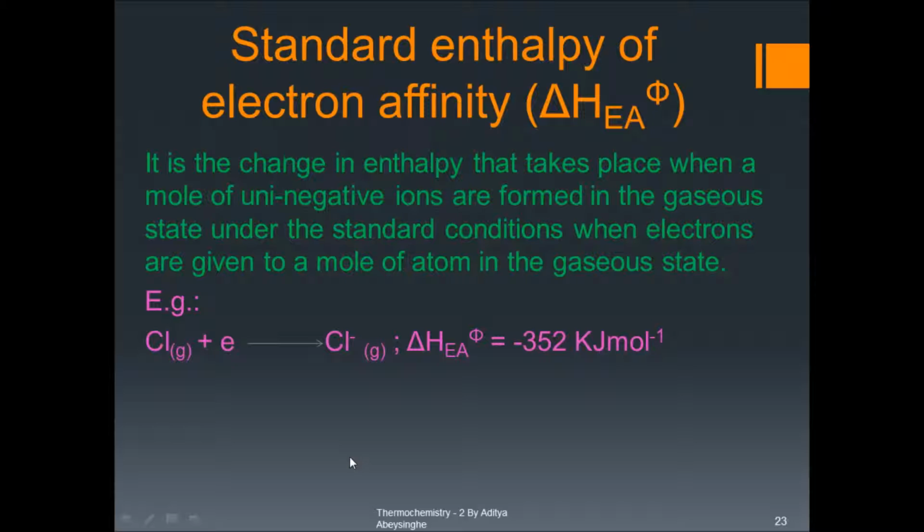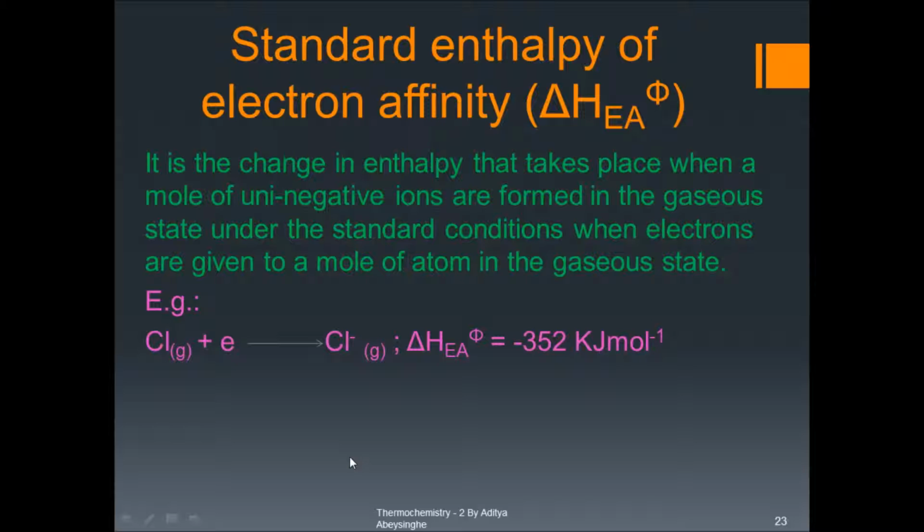And the reverse reaction of standard enthalpy of first ionization is the standard enthalpy of electron affinity. As I mentioned in the case of the periodic table and the bonds, electron affinity is the reverse reaction of ionization. Ionization involves removing an electron. Electron affinity involves gaining an electron.